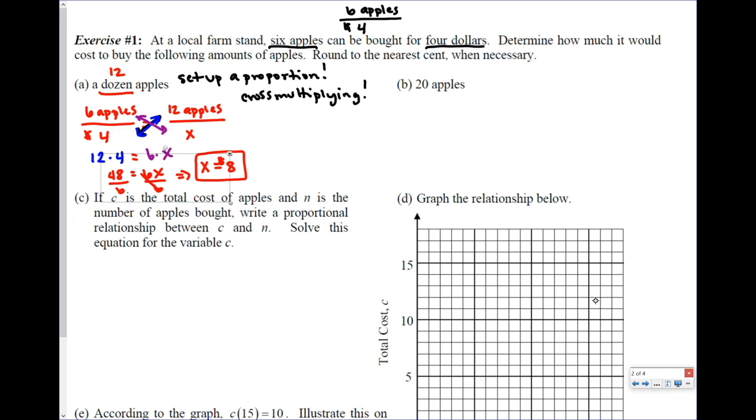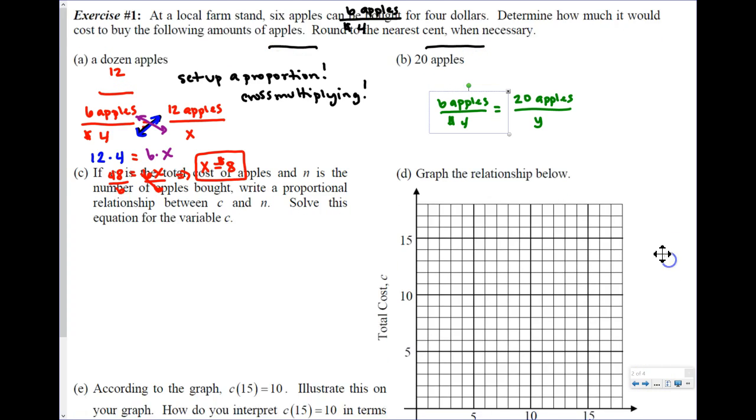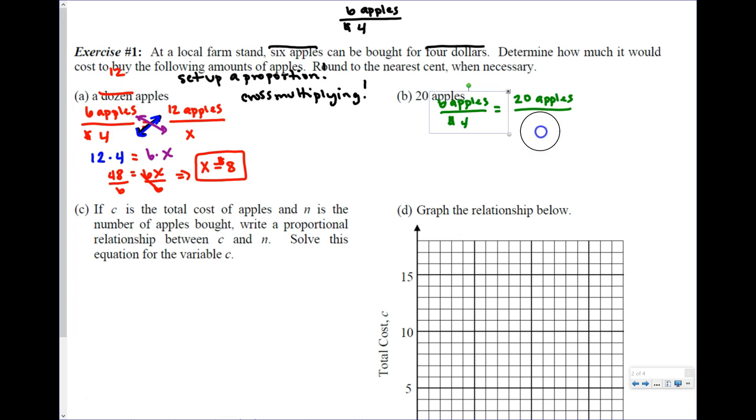Okay, now I want 20 apples. I'm still going to start off with my original 6 apples per $4, but now instead of finding a dozen, I'm trying to find the cost of 20. And I don't know the cost of this. Let me use the same variable, x, here, just so we stay consistent.